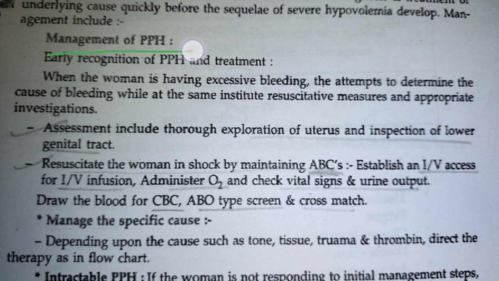Management of PPH. First we will inspect the reproductive system to make sure how deep the injury is, whether a suture is enough or we need to provide some special care. Sometimes the wound or injury will be very small, but there will be heavy blood loss. So first we will inspect and then provide the treatment. To protect a woman from shock, we will provide IV fluids.